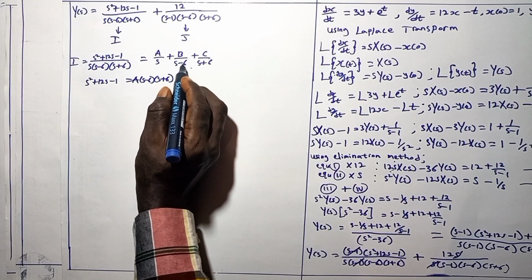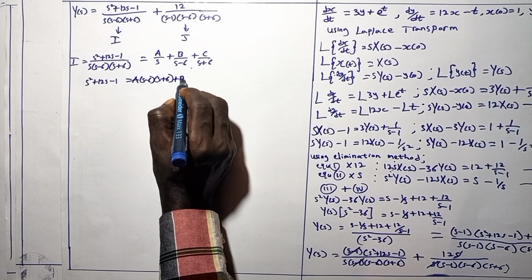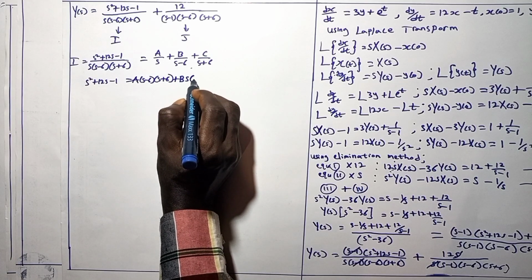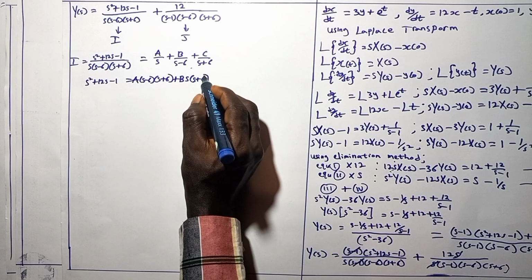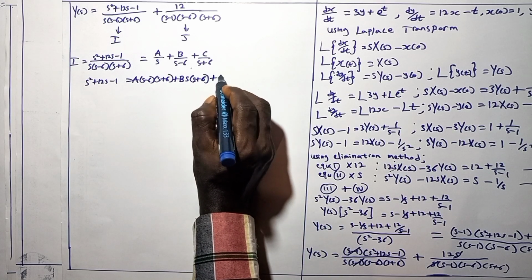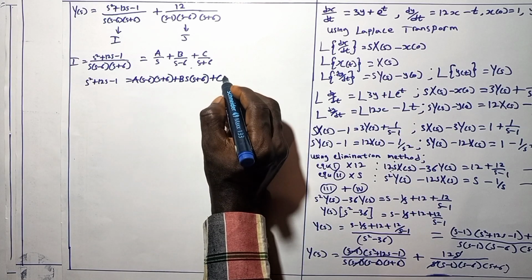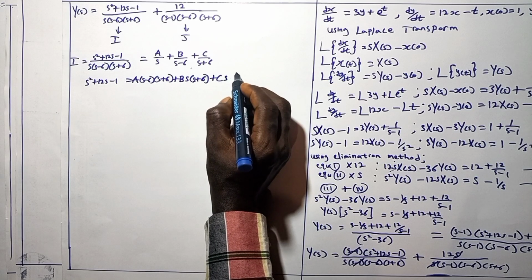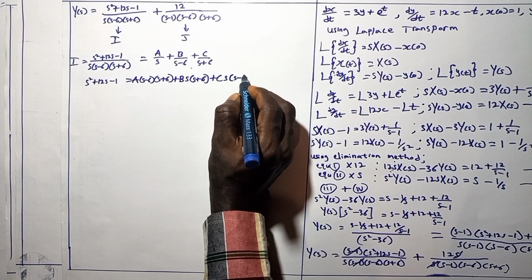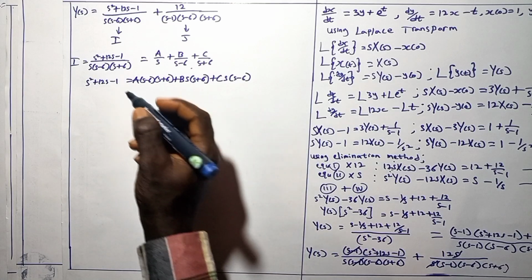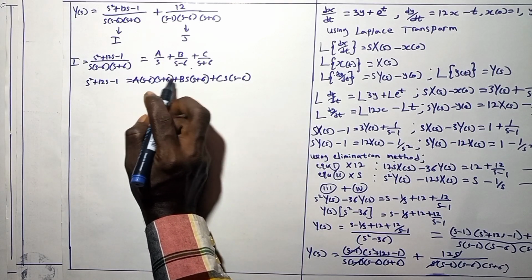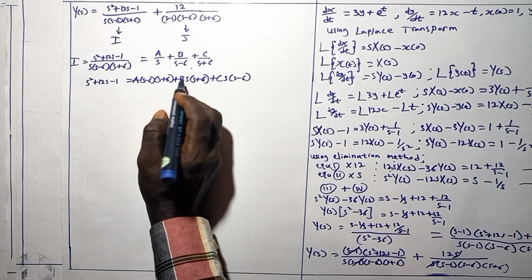Then this B now, we are taking Bs and s plus 6. Then for C now, we're taking these two, Cs, s minus 6. So that is it.